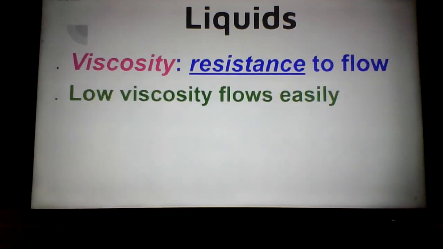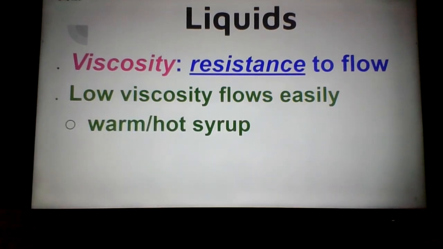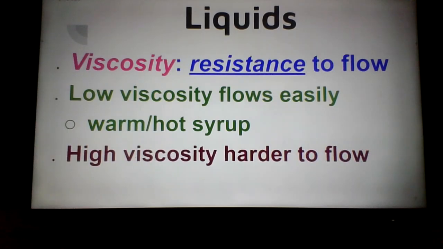Low viscosity flows easily. Take that syrup and put it in the microwave and really warm it up. First of all, it tastes better when the syrup is warm, but because it's so full of sugar, I'm not supposed to eat it much anyway. But when I warm up that syrup, it should very easily pour out of the bottle onto my pancakes. Try this: put that syrup in the refrigerator overnight.